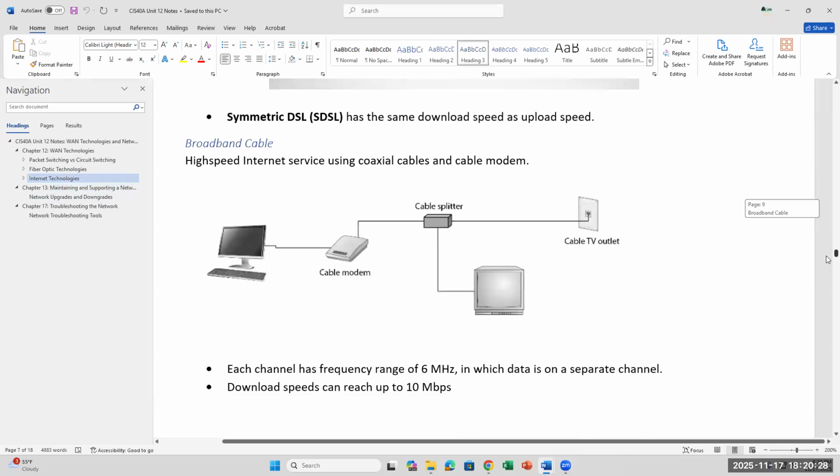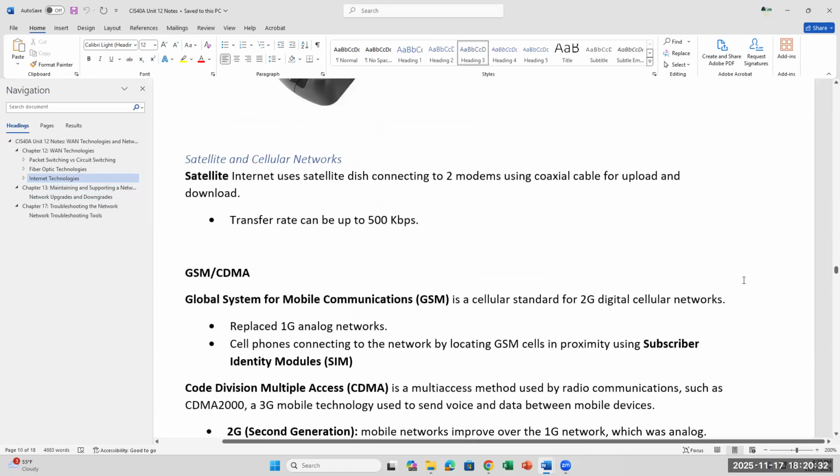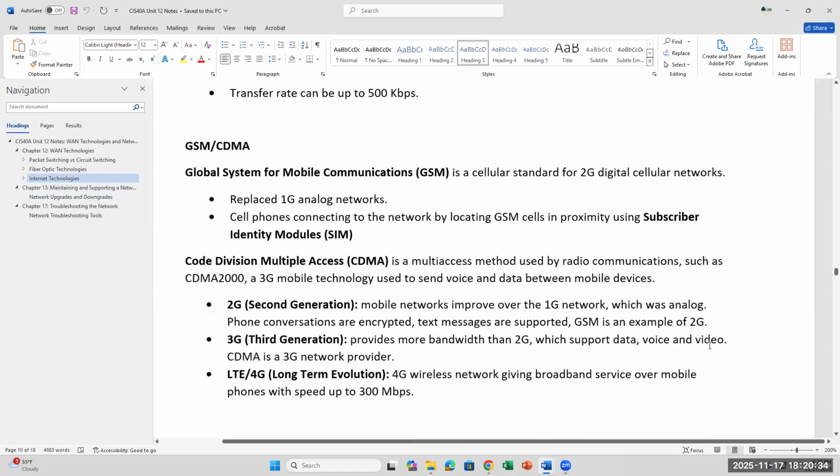Okay, so in the notes, it gives you some picture about devices, right? And then satellite and cellular network. This is on page 10. So GSM stands for Global System for Mobile Communication. GSM was popular, like if you use T-Mobile, AT&T, back then you would use GSM. 2G replaces 1G and then eventually 3G.